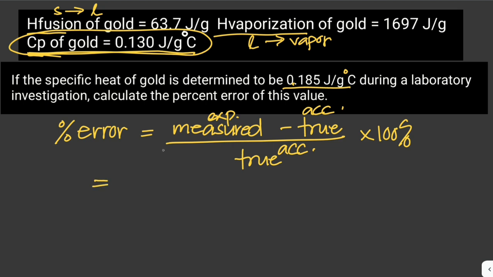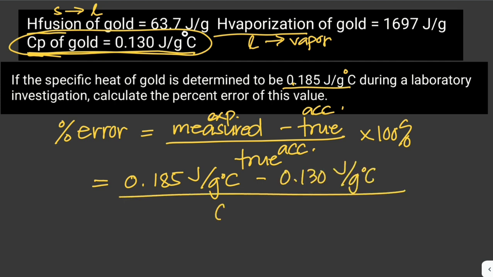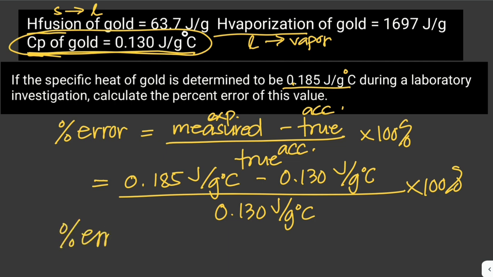So we just plug in all the values here: 0.185 joules per gram minus 0.130, divided by 0.130, times 100%. And this would give us a percent error that is equal to 42.31%.